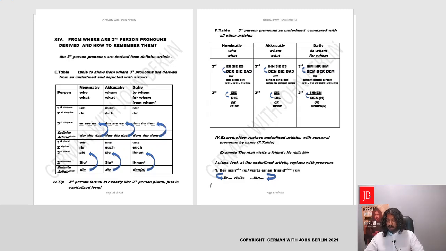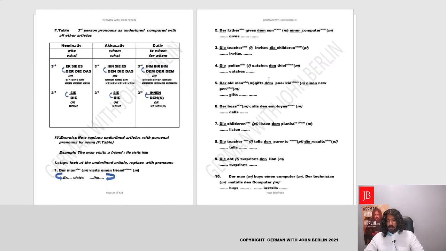Perfect. So with the same concept in mind, we could attempt a couple more examples. The father gives to the son a computer. So instead of der, we could write er. Perfect. Gives to the son. Yes. So instead of dem, we could write ihm.